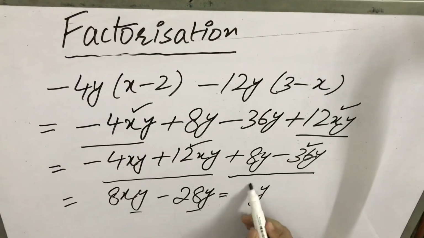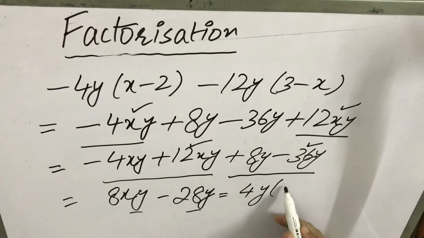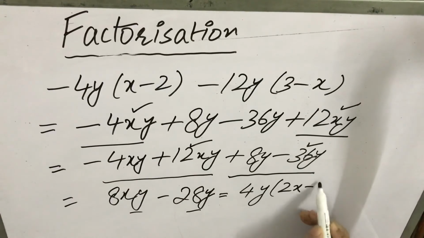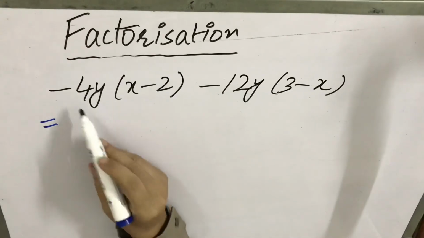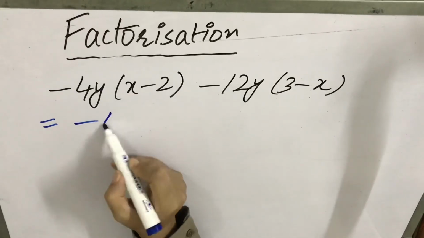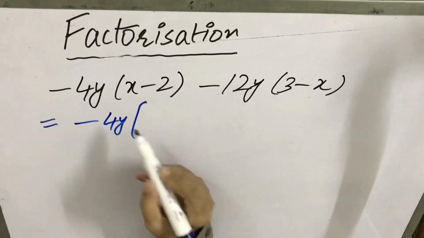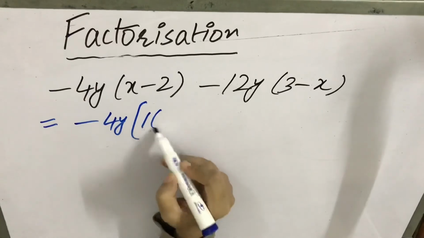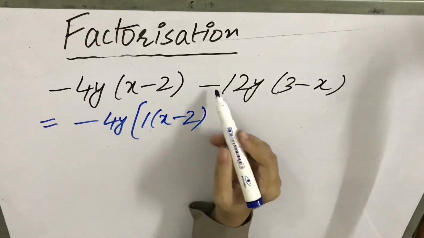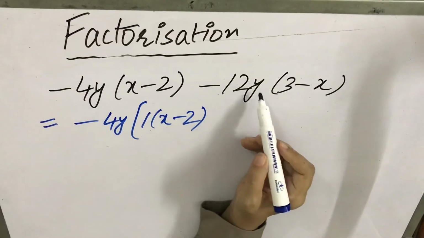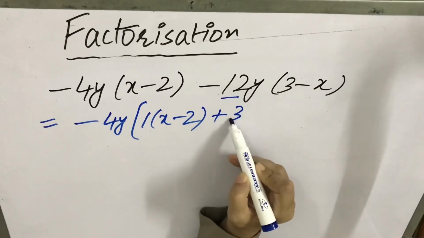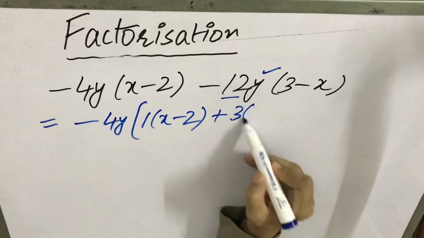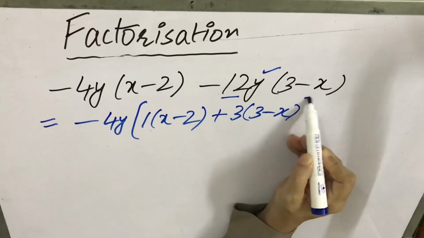4 is common maximum. 4 2s are 8, 2x, 4 7s are 28. If we take directly minus 4y common, what is left here? 1 bracket x minus 2, minus 4 is outside, y is outside, 4 3s are 12, y is outside, 3 minus x.